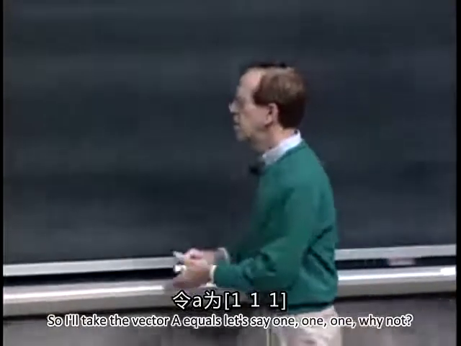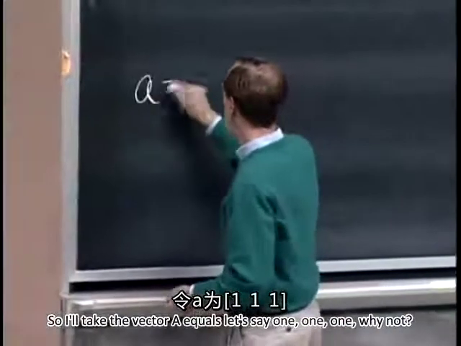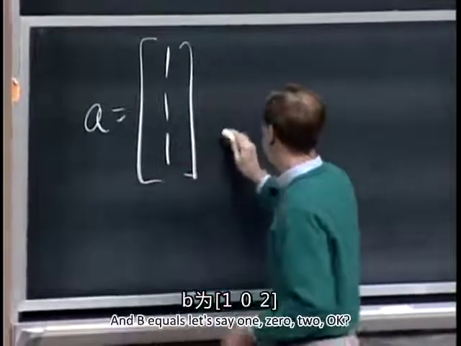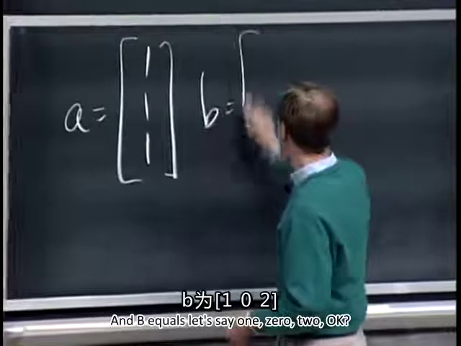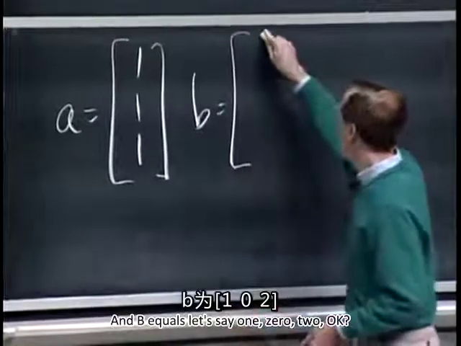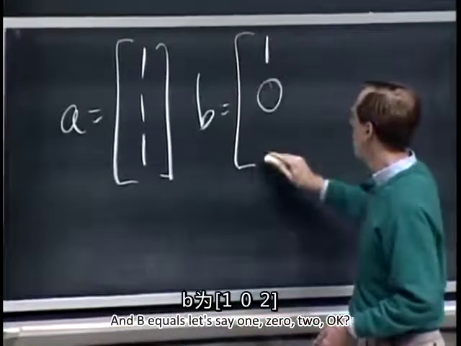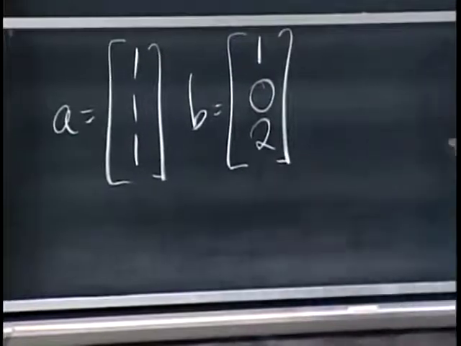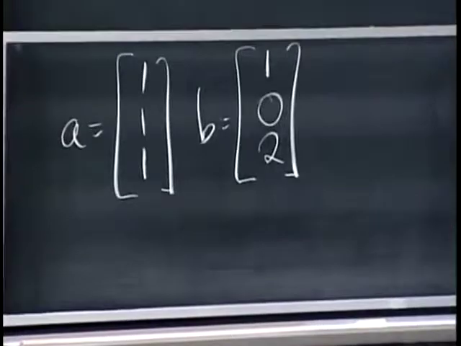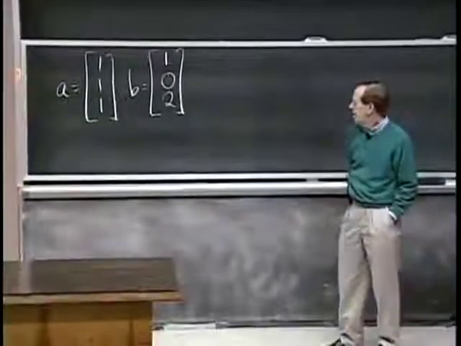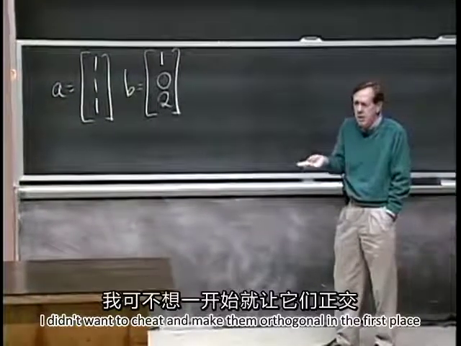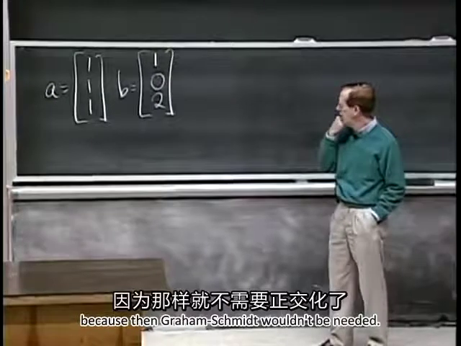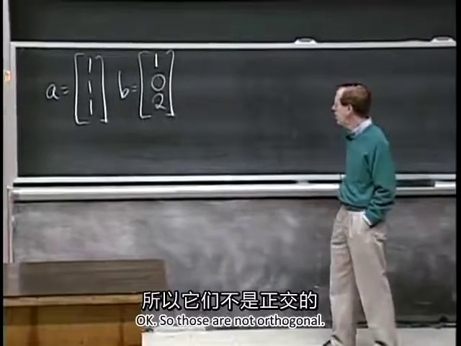I'll take the vector A equals, let's say, 1, 1, 1. Why not? And B equals, let's say, 1, 0, 2, okay? I didn't want to cheat and make them orthogonal in the first place, because then Gram-Schmidt wouldn't be needed. Okay, so those are not orthogonal.